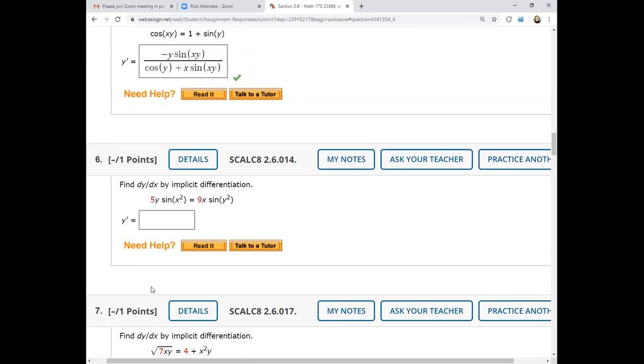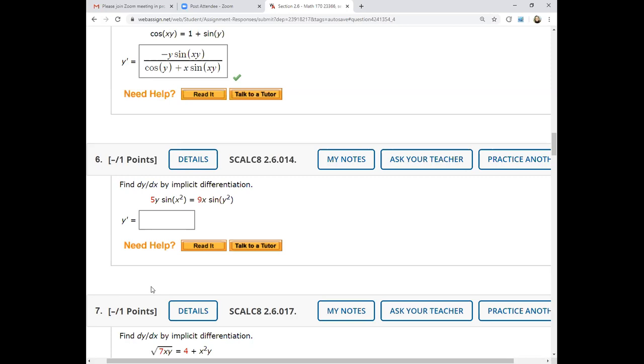Okay. And then this one is a product rule, so I'm working on it right now. Let's see, 10xy cosine x squared plus, let's see, where am I here?